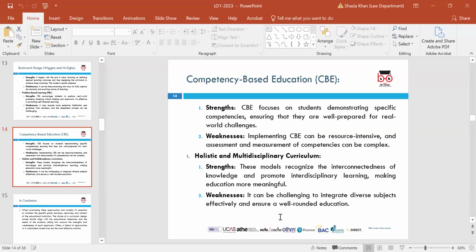By utilizing multiple perspectives from different disciplines, students can deepen their understanding of the subject matter. The strength is these models recognize the interconnectedness of knowledge and promote interdisciplinary learning, making education more meaningful. The weakness is that it can be challenging to integrate diverse subjects effectively and ensure a well-rounded education.